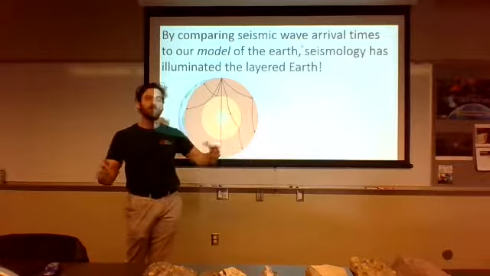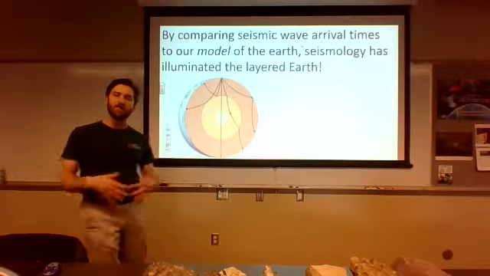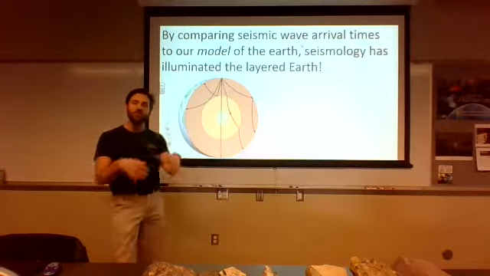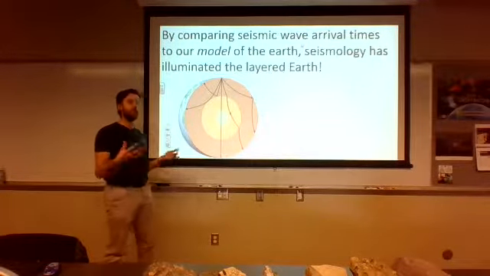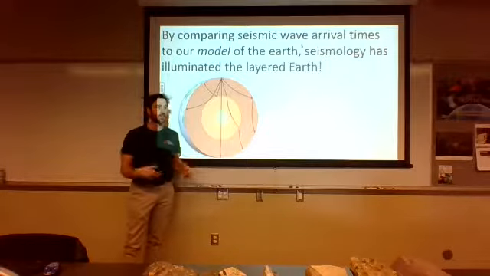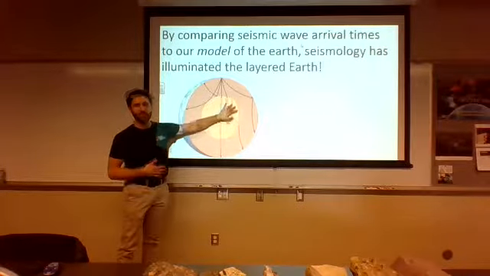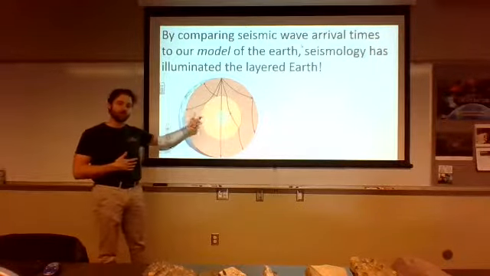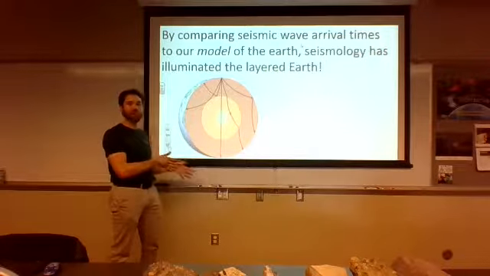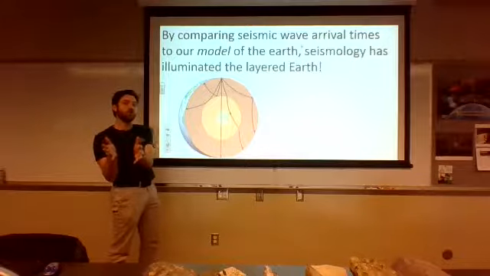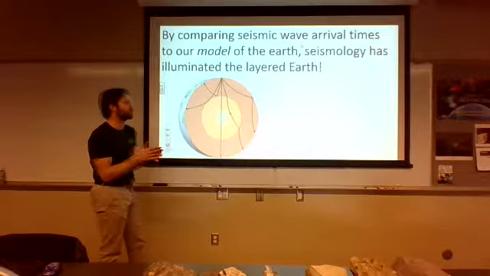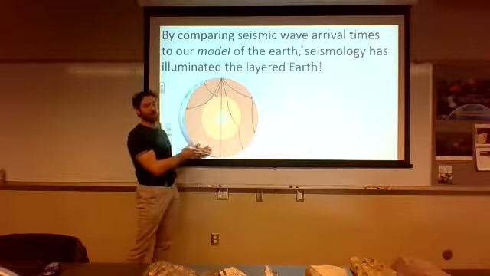This takes teams and hundreds of people looking at this stuff and unveiling this slowly through time. It became apparent that we have a layered Earth. Not just a layered Earth, but also that the hypothesis of a dense iron core in the interior was correct. Okay, so hypothesis, tests using seismology, and the conclusions based on all of that data, or the probable conclusions based on all those data, say we have a layered Earth.